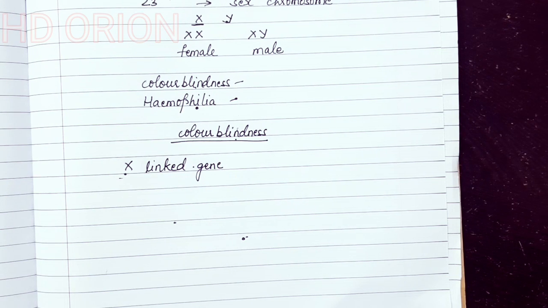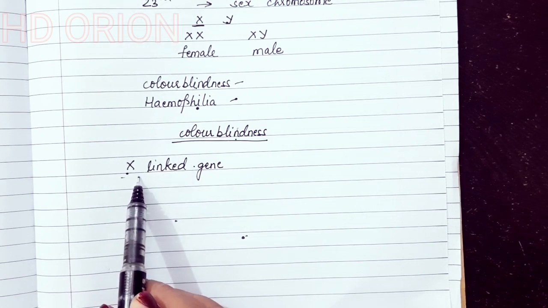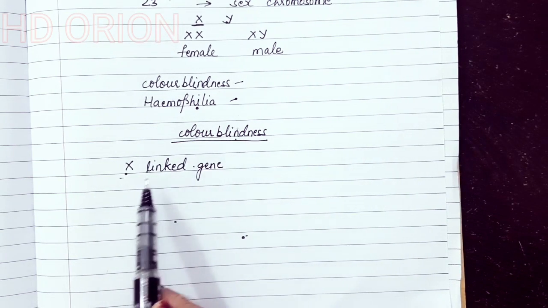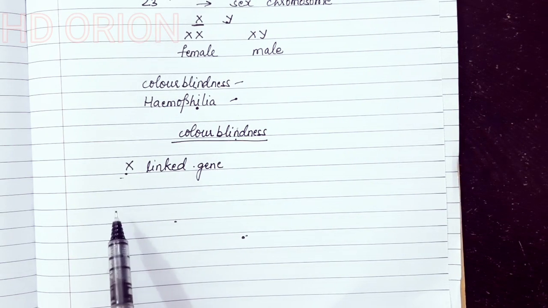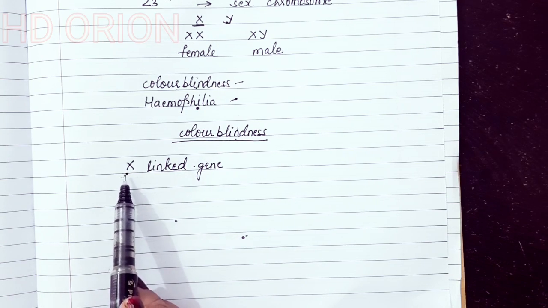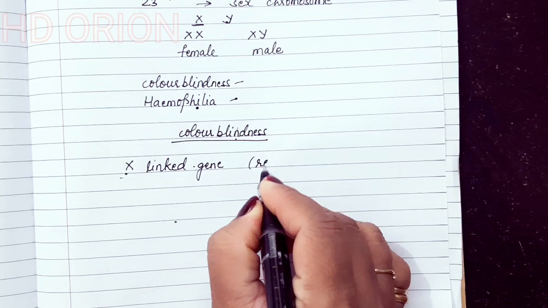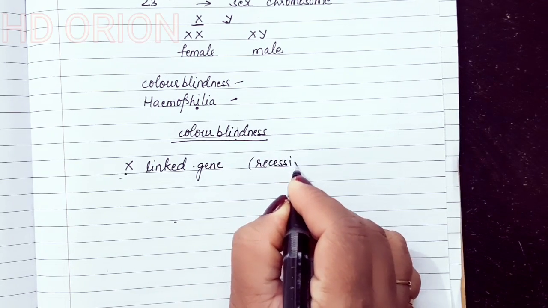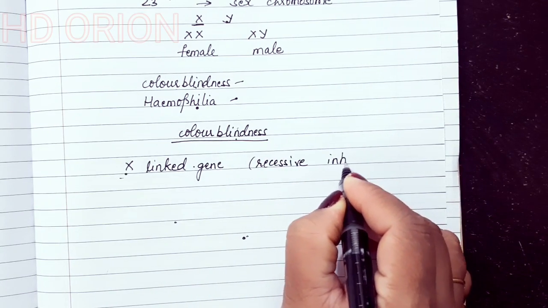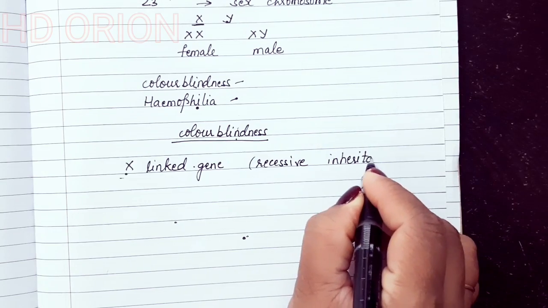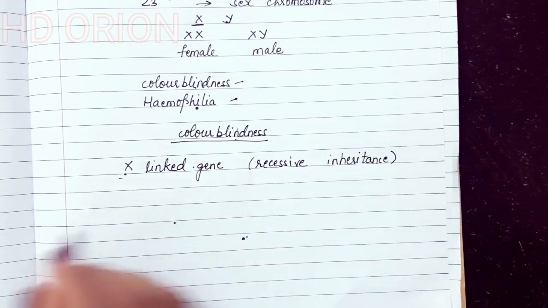So basically what we are studying here is color blindness, the gene for which is found in the X chromosome. So we are calling it an X-linked gene, which is a recessive inheritance. Now what do you mean by recessive inheritance?